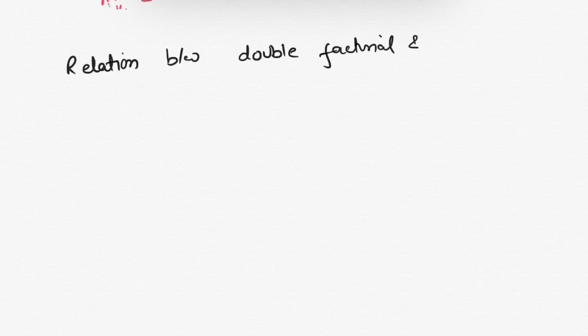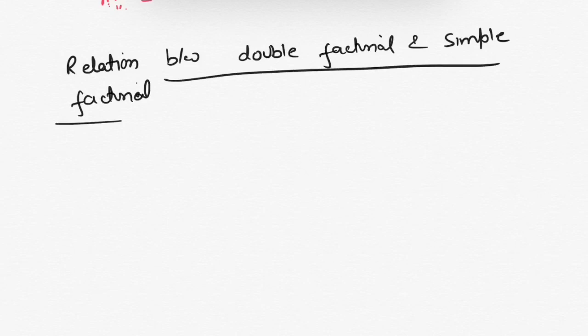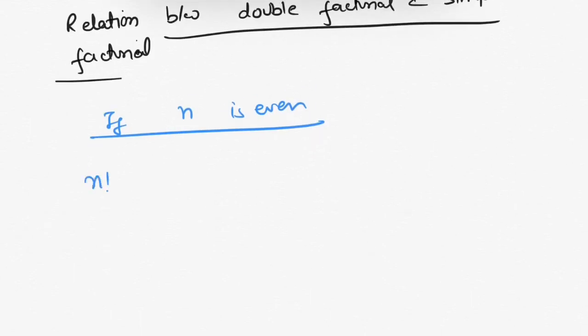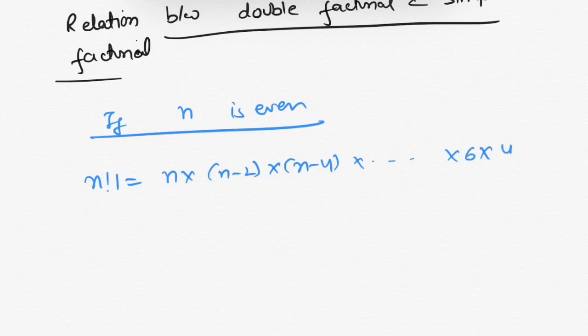Now let us see the relation between double factorial and simple factorial. If n is even, then n double factorial equals n into n minus 2 into n minus 4 and so on, 6 into 4 into 2.